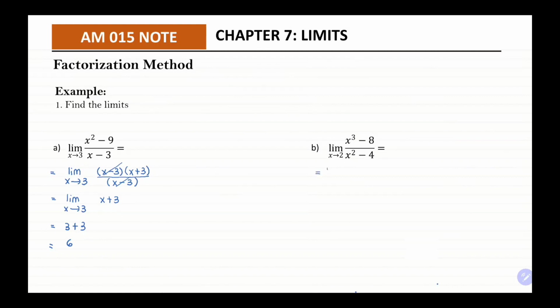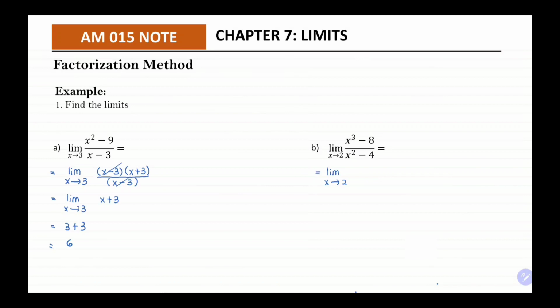Equals limit x approaches 2 of x cubed minus 8. Okay, we try to solve x cubed minus 8, factorize using a calculator. Then we get two answers for x: first 2, and the second one in terms of i. i is a complex number, so we can't solve it that way. So we can use factorize.